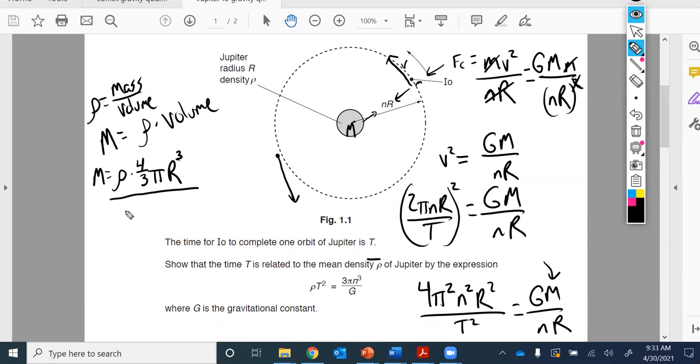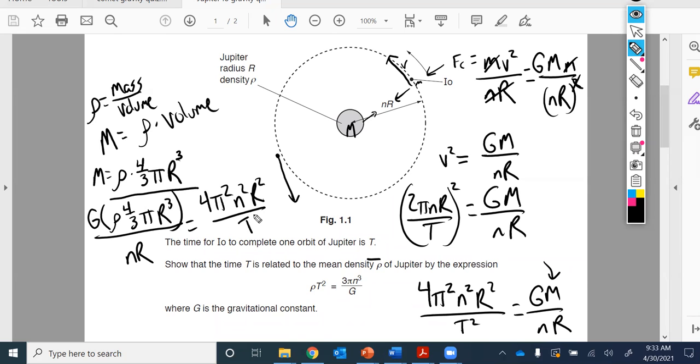All right, so let's do G times M, but M is rho 4/3 pi r cubed. So that's GM on this side over NR equal to 4 pi squared n squared r squared over t squared. I'm going to copy that down on my whiteboard here.